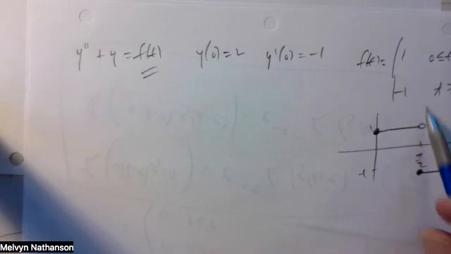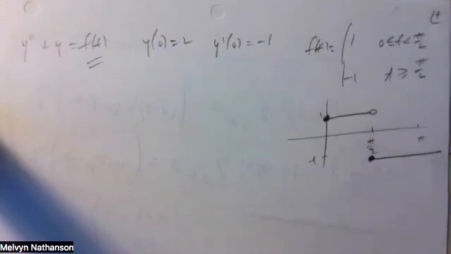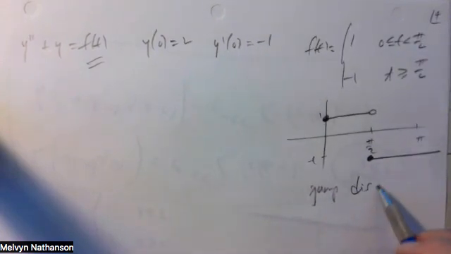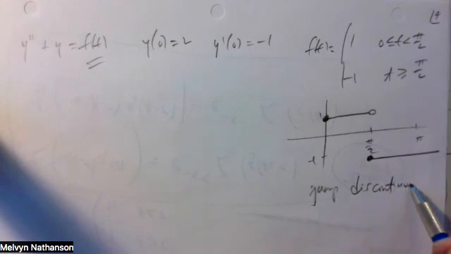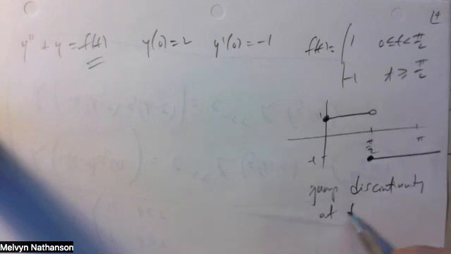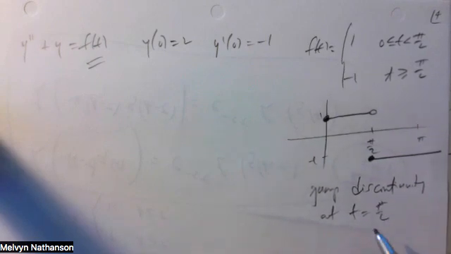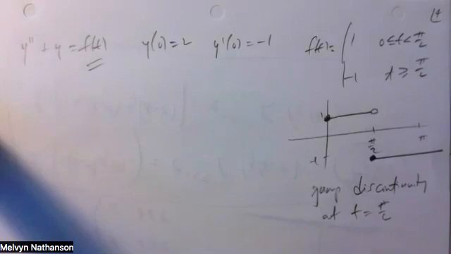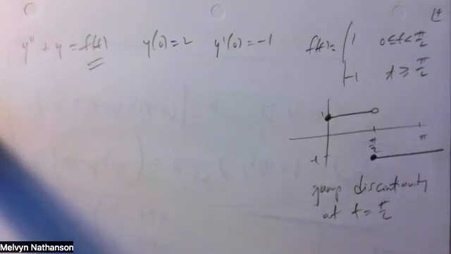So this is the graph of the function f of t, and you see there is a jump discontinuity at t equal to pi over 2. So how do we solve this differential equation?